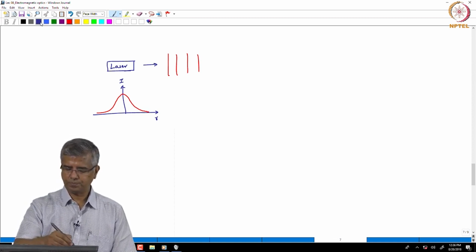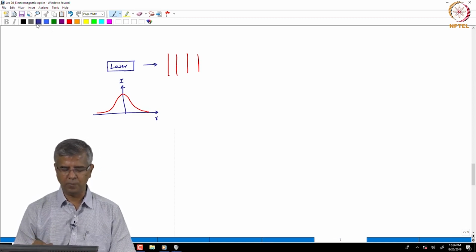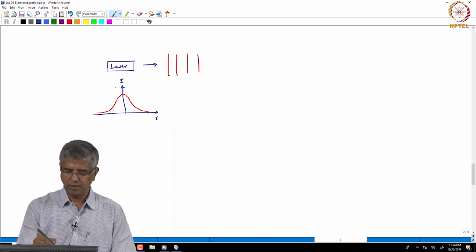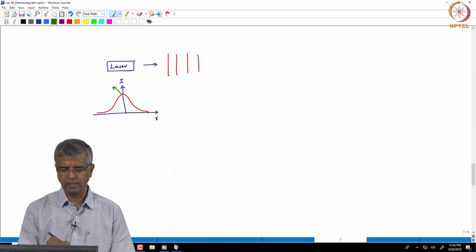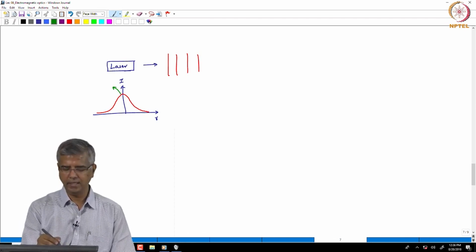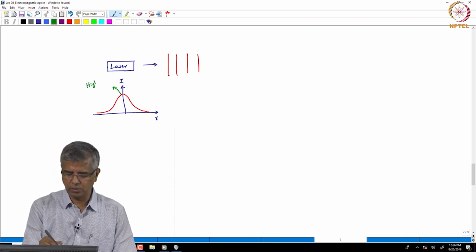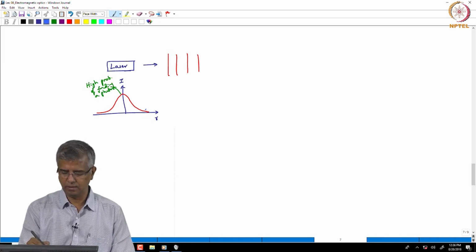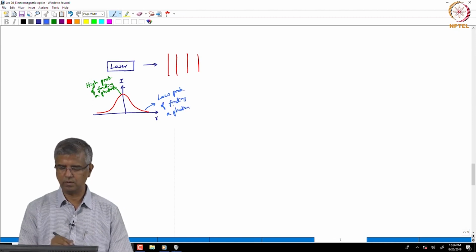Now in terms of photon probabilities, what are we saying? We are saying that if the intensity is high, then this corresponds to a high probability of finding a photon, and similarly this region represents a low probability of finding a photon. Okay.